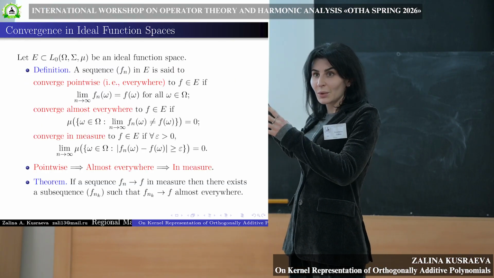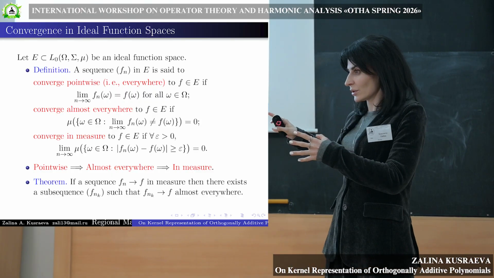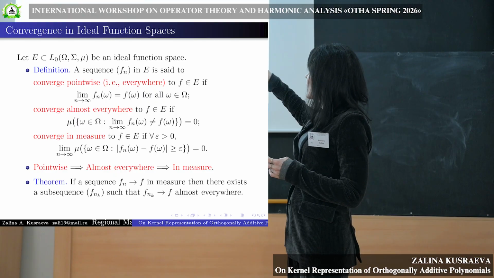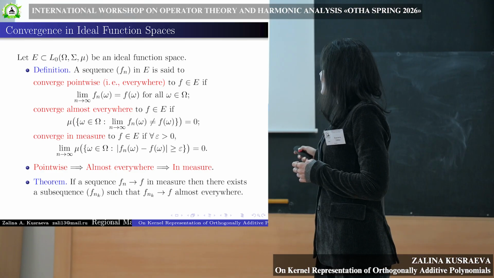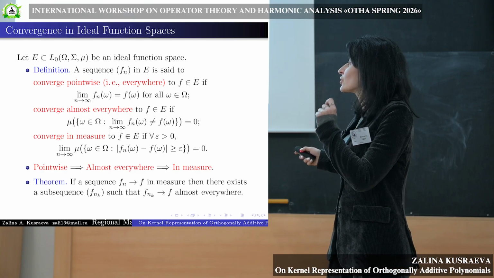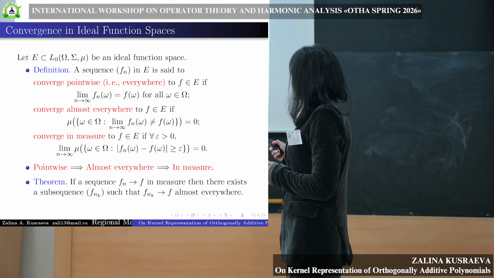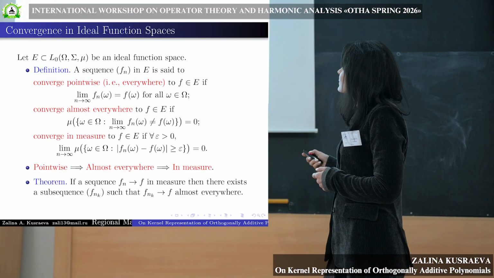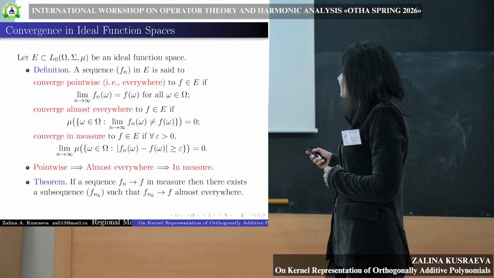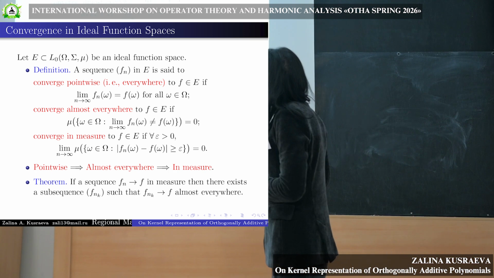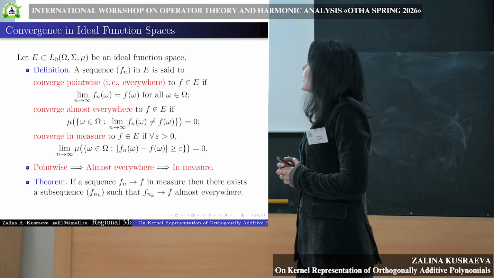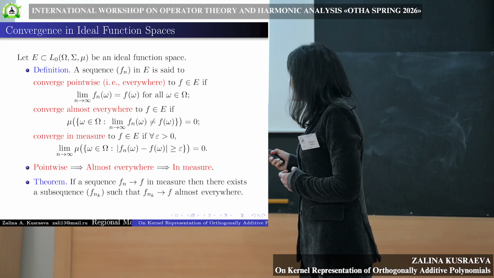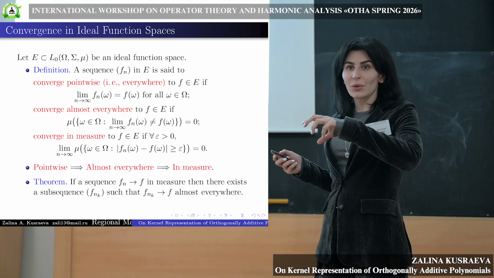First, very quickly, we will need the notions of convergence. We are again in an ideal function space, and we say that a sequence f_n in E converges almost everywhere to a function f if the limit of f_n is equal to f at all points except a set of measure 0, a negligible set.